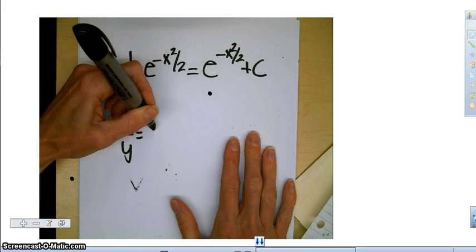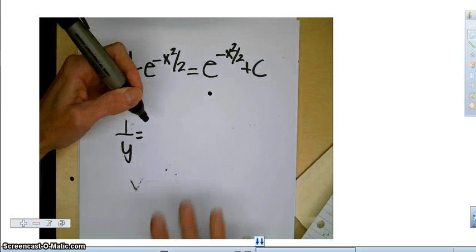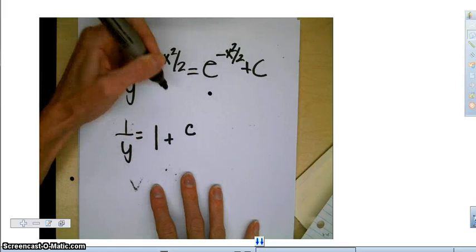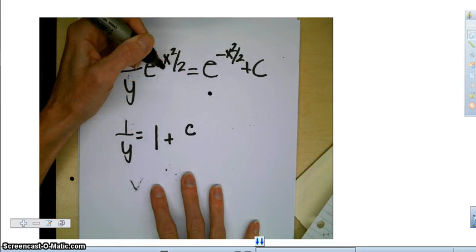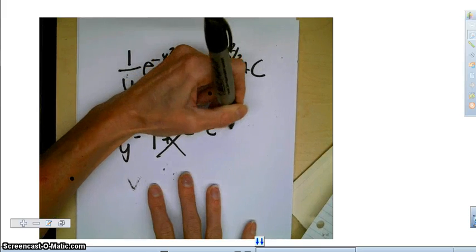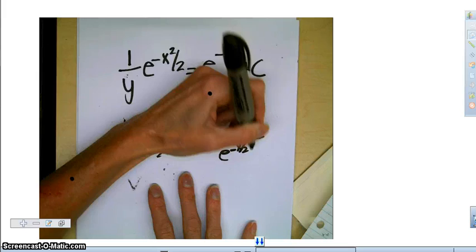So we'll have 1 plus c, actually no, I'm just going to leave it like that. E to the negative x squared over 2 plus c all over e to the negative x squared over 2.